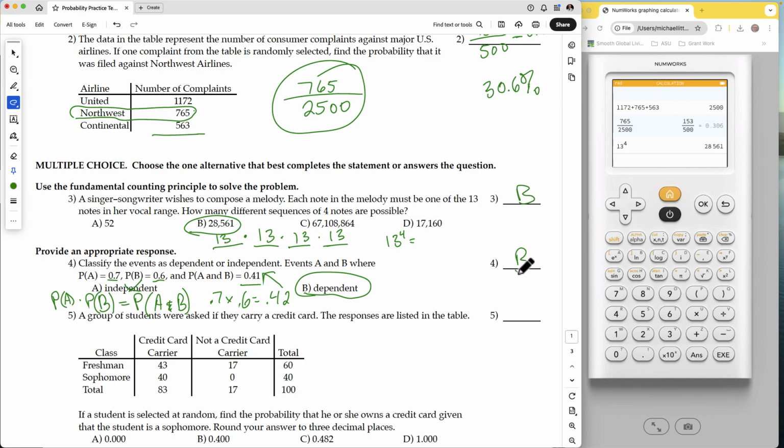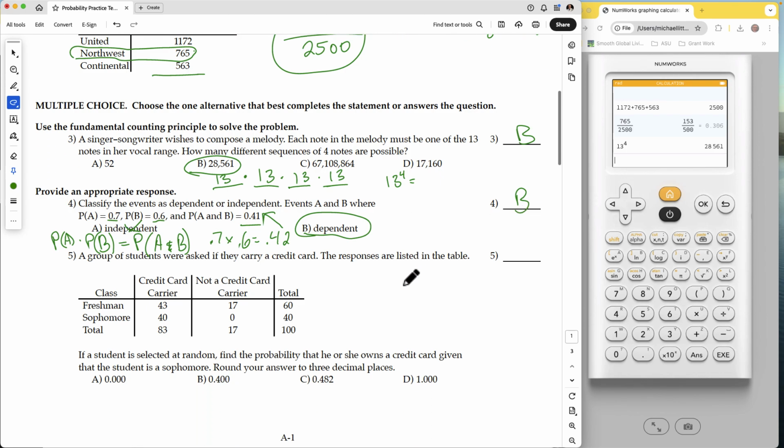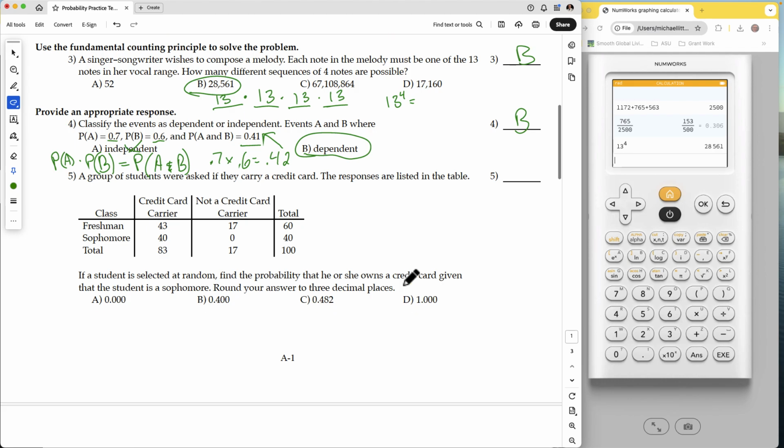A group of students were asked if they carry a credit card. The responses are listed in the table. If a student is selected at random, find the probability that he or she owns a credit card given that the student is a sophomore. Round your answer to 3 decimal places. The given is a conditional.